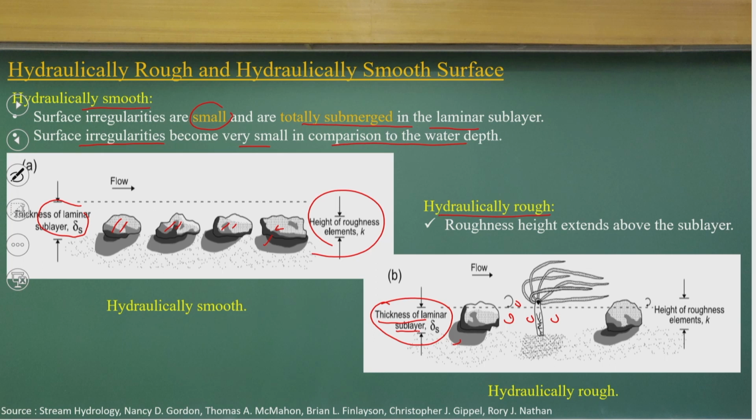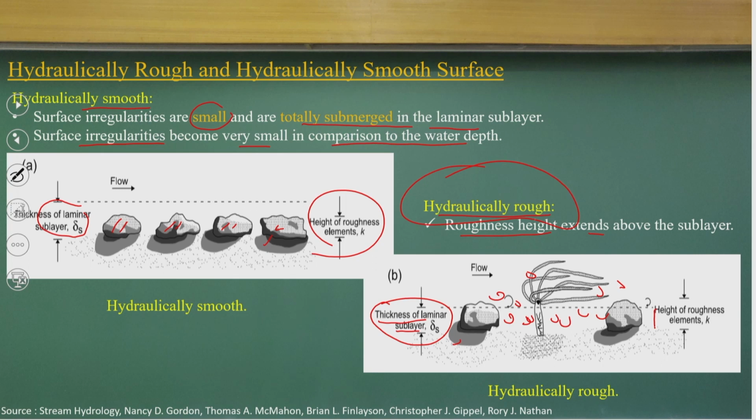Because of that, the flow turbulent structures will change. Most river conditions have hydraulically rough boundary conditions, where the height of submergence is larger than the laminar thickness.